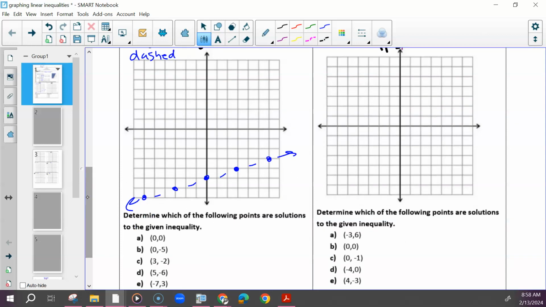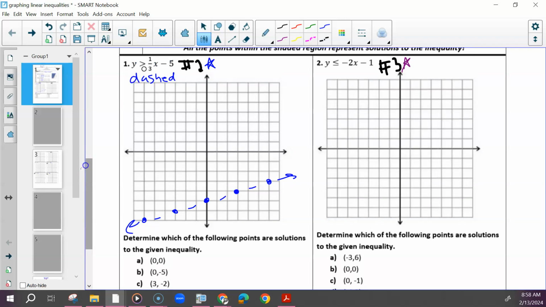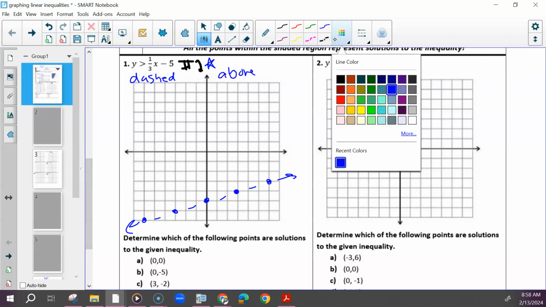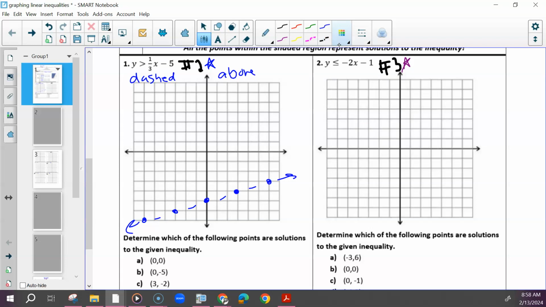And then to shade it, we look at the symbol again. This is greater than, so would it be shaded above or below? Above. And to see the above, some of these graphs are easier to see than others. Look at the y-intercept. You can draw an up and down arrow. Up is above, down is below, so if you ever get stuck, you can do that.